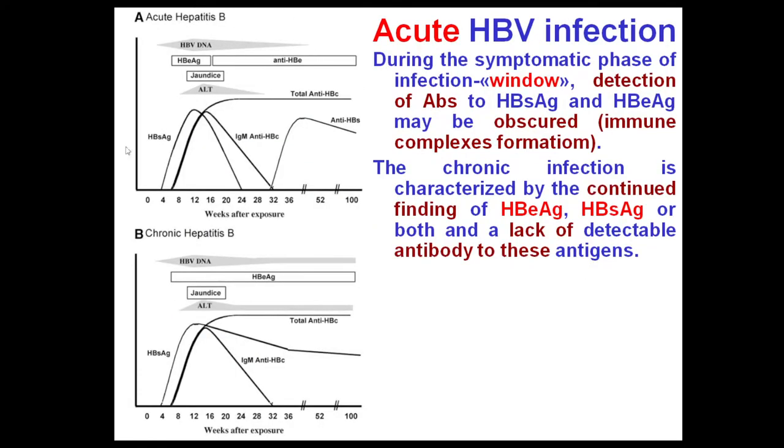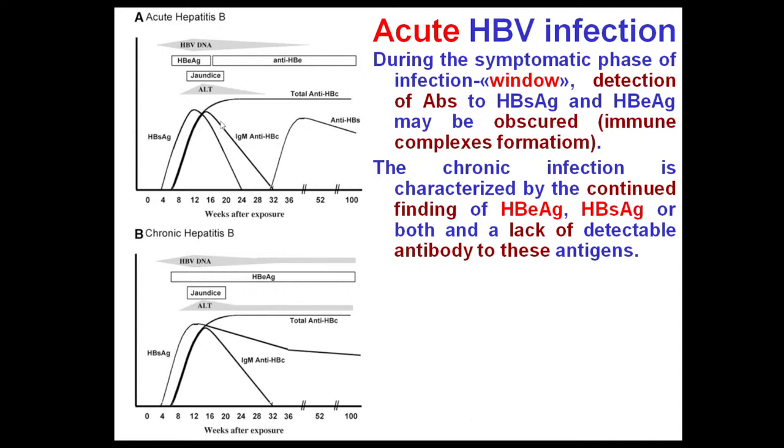You can see here the most typical dynamic of the markers of hepatitis B infection within the acute hepatitis and within the chronic hepatitis B. Of course, the DNA of hepatitis B in both acute and chronic hepatitis can be found by polymerase chain reaction.